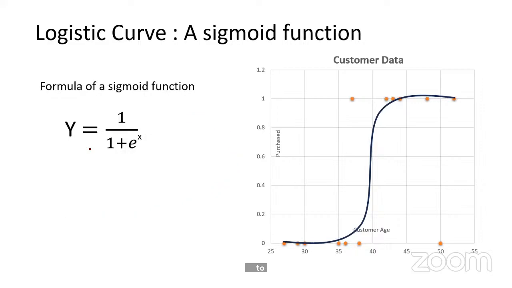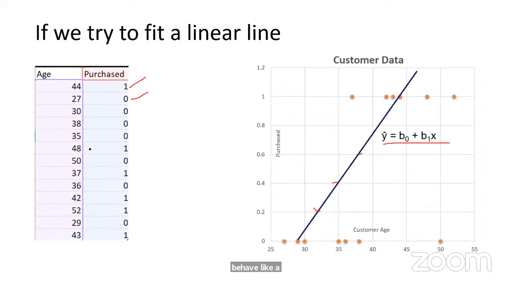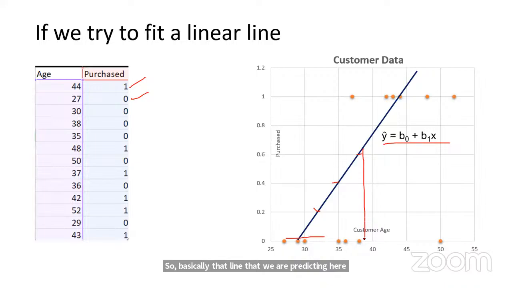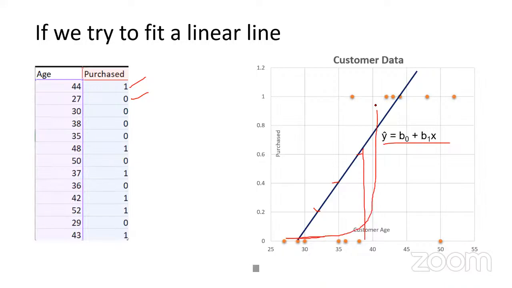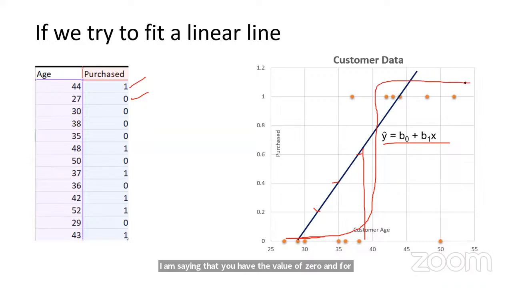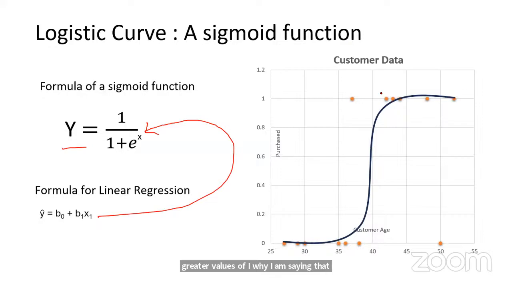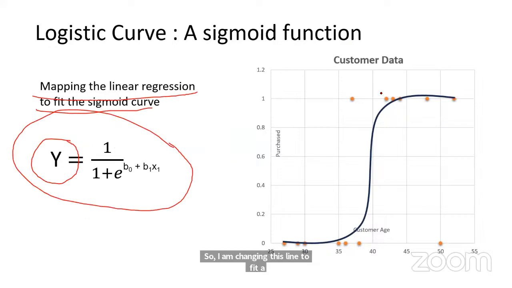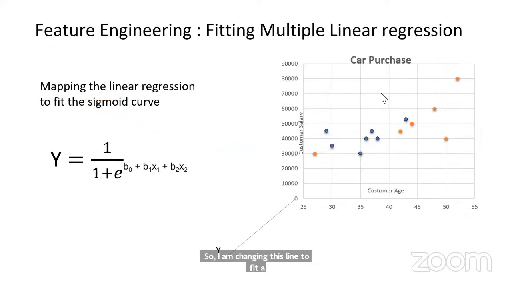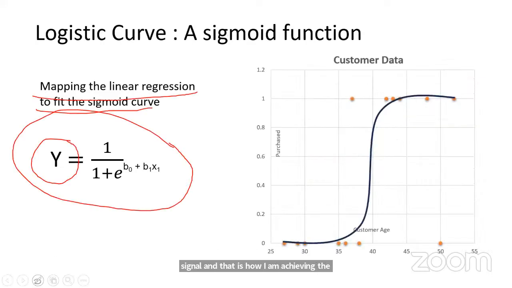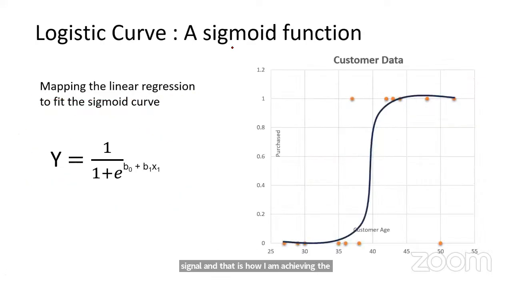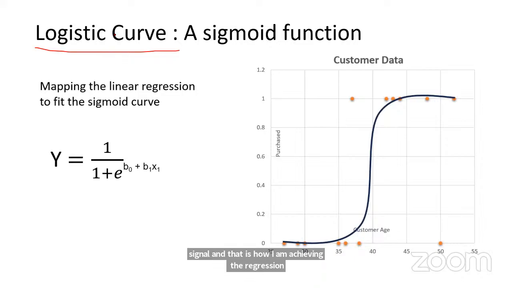So basically that line that we are predicting here, I am basically feature engineering it: for lesser values of y, I am saying that you have the value of 0, and for greater values I am saying that the value is 1. So I'm changing this line to fit a sigmoid curve, and that's how I am achieving the logistic regression. This is called a logistic regression, so the curve is called a logistic curve.